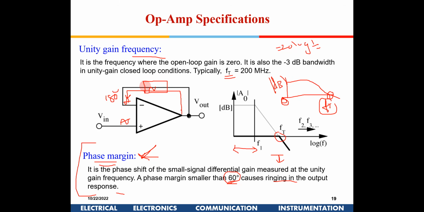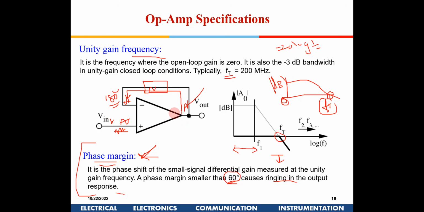Still, in the feedback loop, if it introduces a 180-degree phase shift, then this signal and this signal, if I subtract, will they add? They'll add, right? Yes. If they add, then the signal will grow and reach saturation. Correct. Now, sometimes even if you don't give any input signal, there will be some noise.